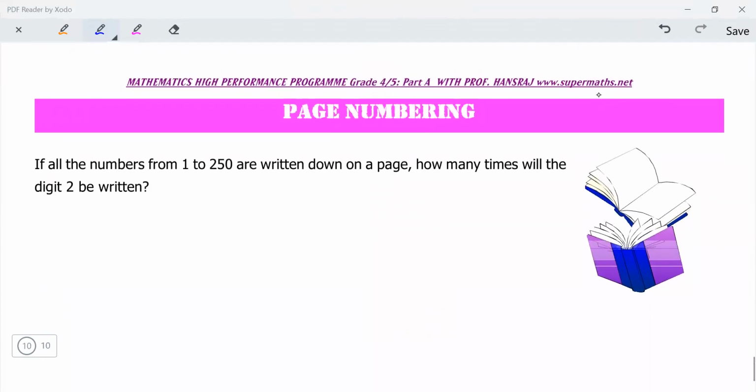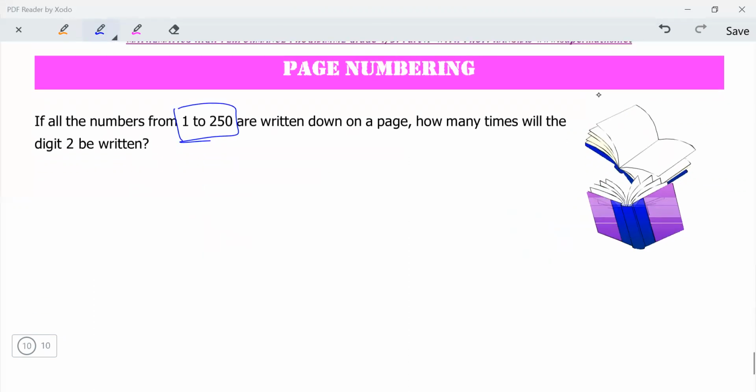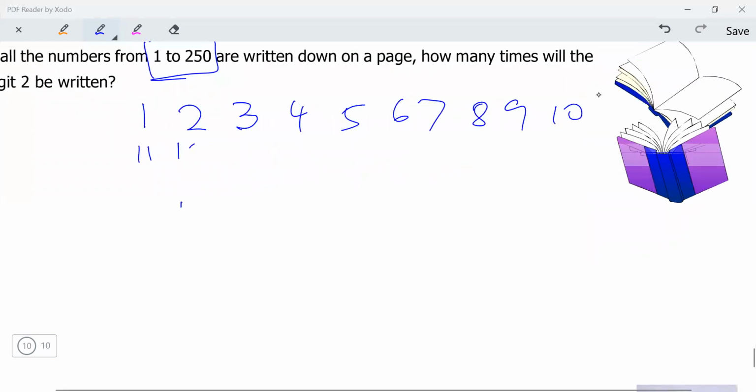Lastly, page numbering. If all the numbers from 1 to 250 are written down on a page, how many times will the digit 2 be written? Now, how can you get the digit 2? Do you think you should write down all the 250 numbers? 7, 8, 9, 10, 11, 12.